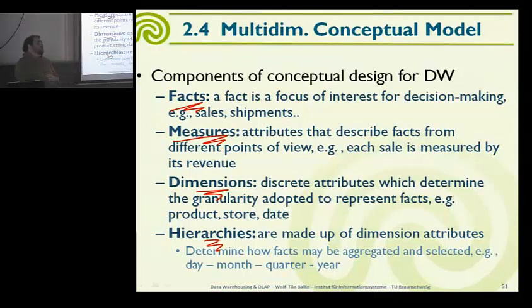Different queries might focus on the yearly behavior of something, or the weekly behavior of something, short-term versus long-term prediction, right? But these are the four things that you have to be aware of and that you have to decide for based on your enterprise model. The facts, what you are interested in, the measures, the dimensions, and the hierarchies within each dimension, what's the coarseness of the granularity that you're looking at.